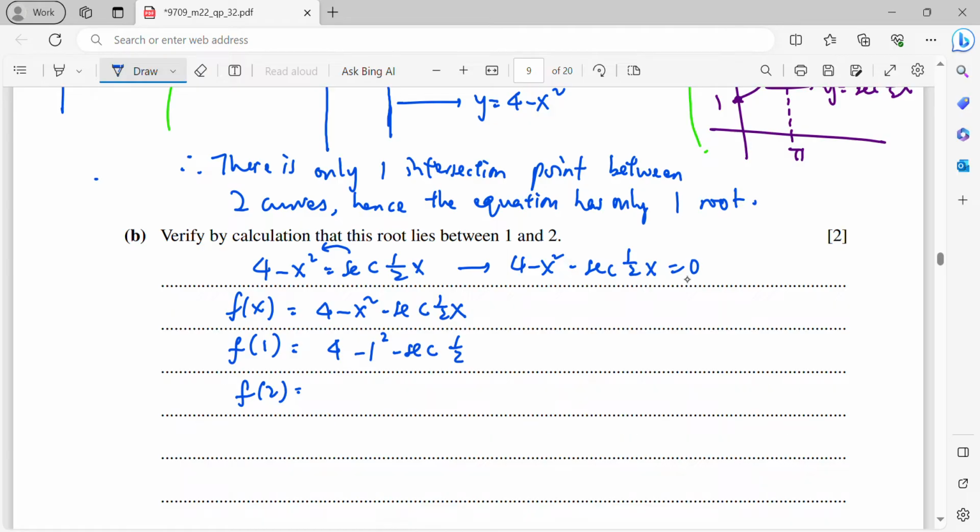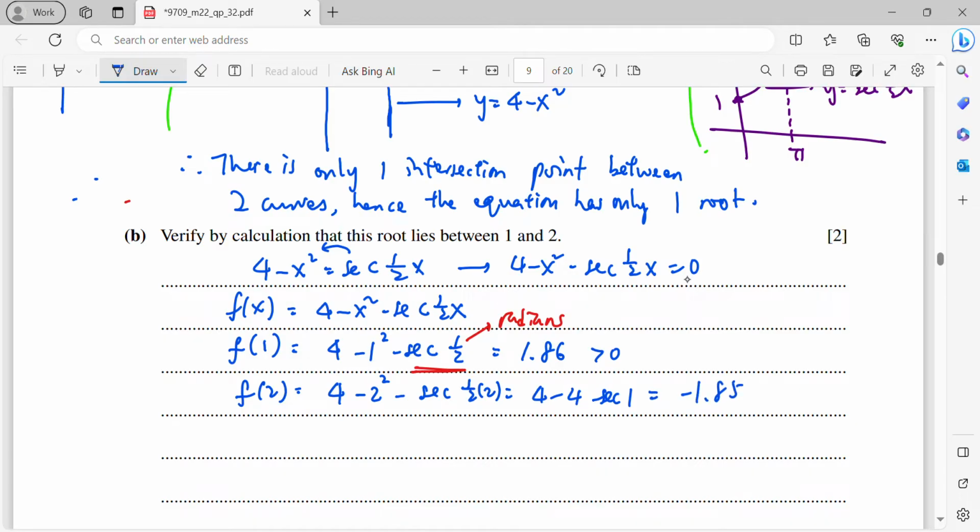Now when you calculate this value, make sure it is in radians mode, otherwise you will get the wrong answer. This is going to be 1.861, greater than 0. I need 3 significant figures, so I should write 1.86. Then the other one, 4 minus 2 squared minus sec(2/2), which is basically 4 minus 4 minus sec 1. Then you will get negative 1.85, which is less than 0.